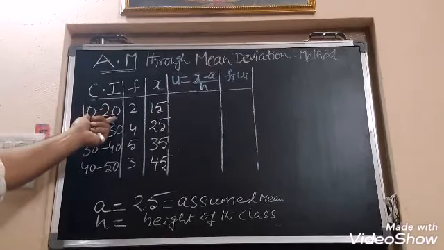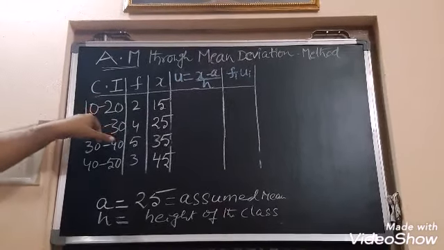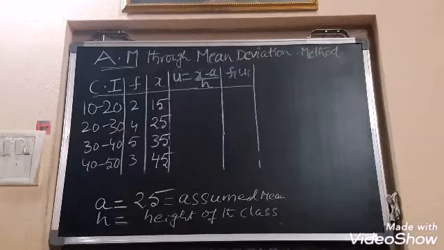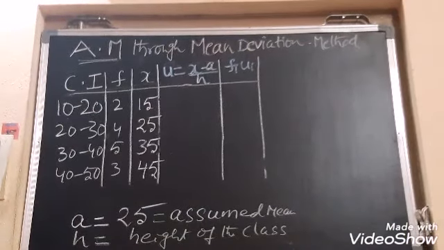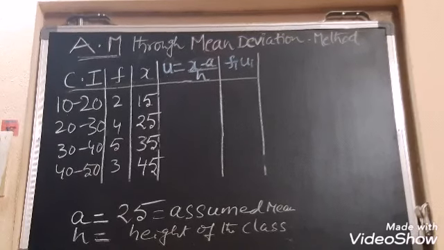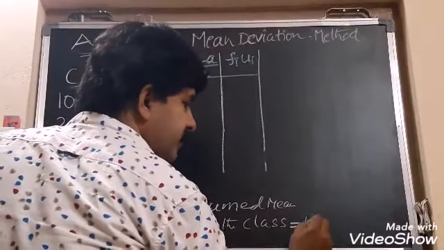That is nothing but the difference in the class interval. What is the difference between 10 and 20? It is 10. That is the height of the class, which we denote as h. Here the assumed mean is 25 and the height of the class is 10.